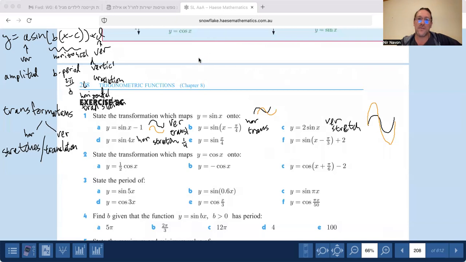Okay, so if this is our sine function, then that becomes, I'll have 4 periods here in this case, okay?